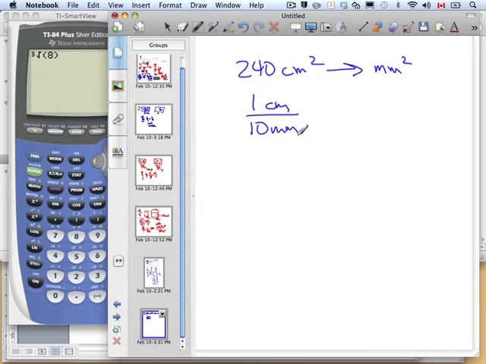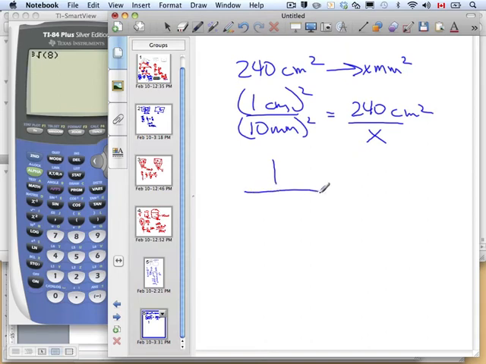If I want squared, I take it and I square them both. Now this is my x I'm looking for, and this is 240 centimeters squared. So I know 1 squared is 1, 10 squared is 100, equals 240 centimeters squared over x. I cross multiply.